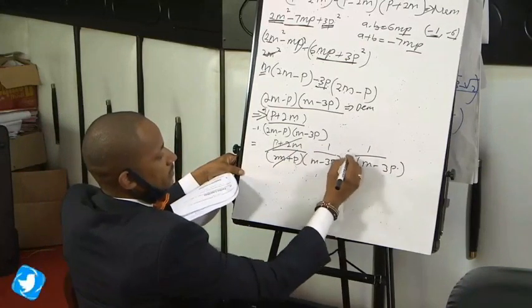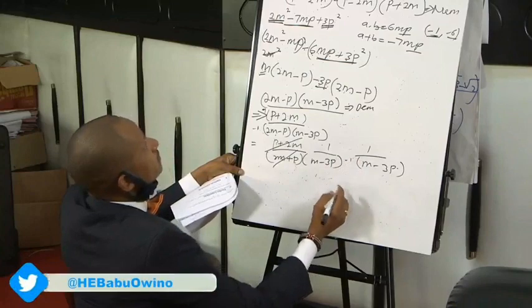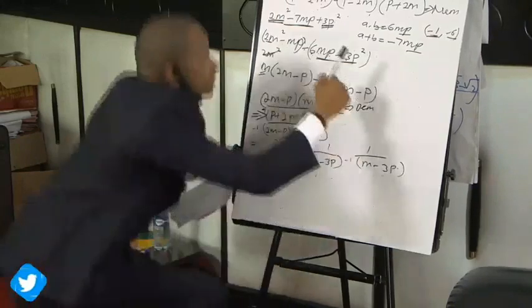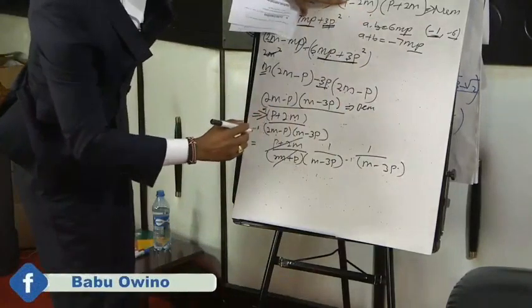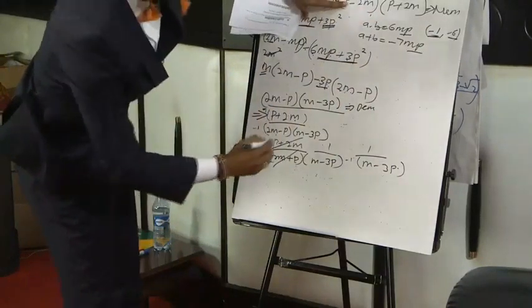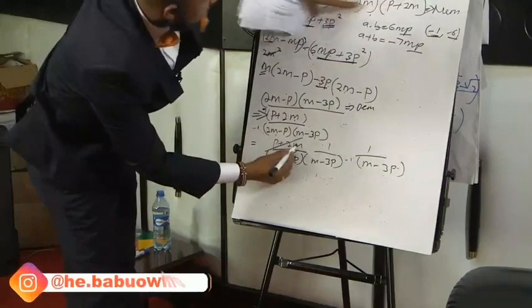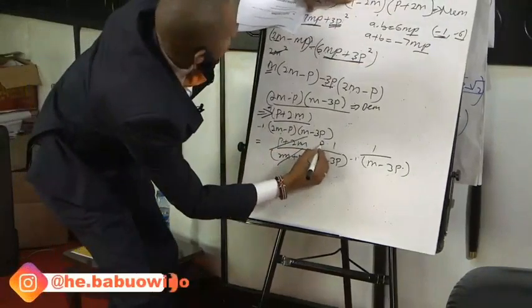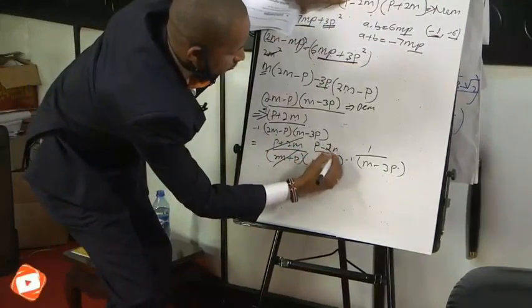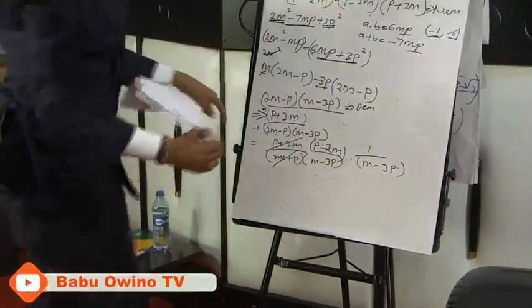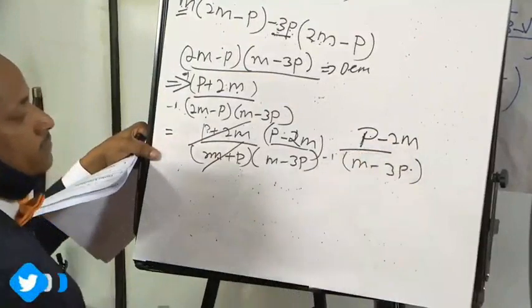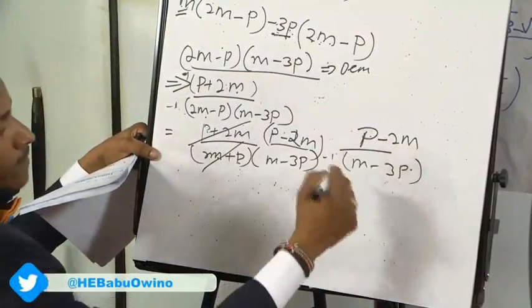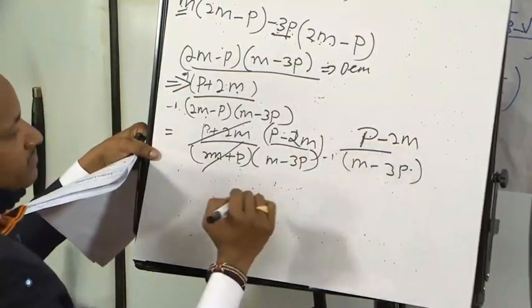Then remember, we have minus here. This was a difference of 2 squares, sorry. That is why I was not seeing it coming out. So this is also p plus 2m, and then this is p minus 2m. So here we have p minus 2m. Remember, we still have a negative.